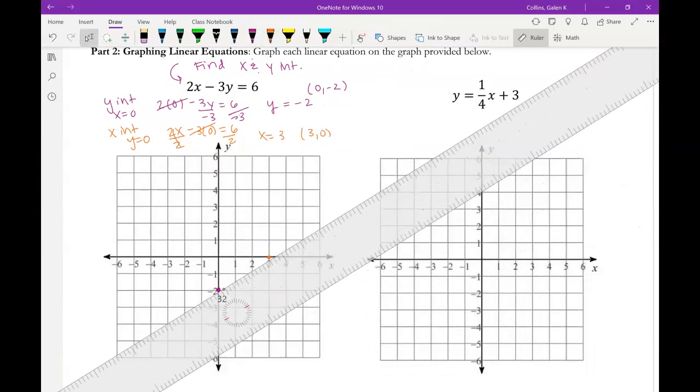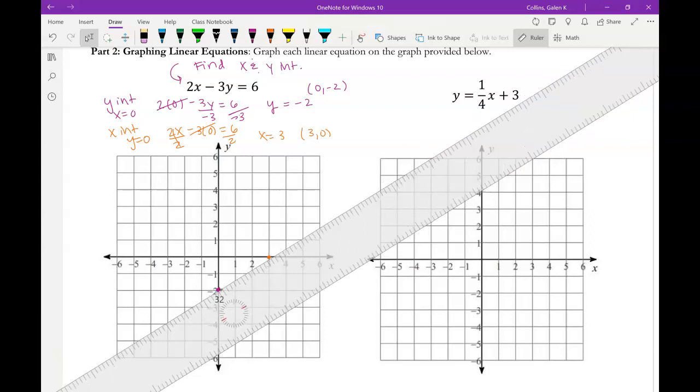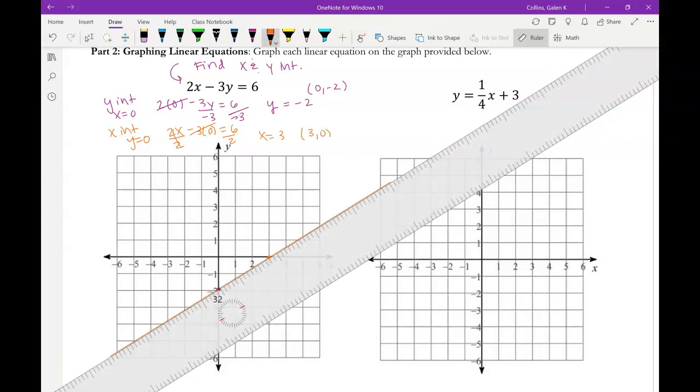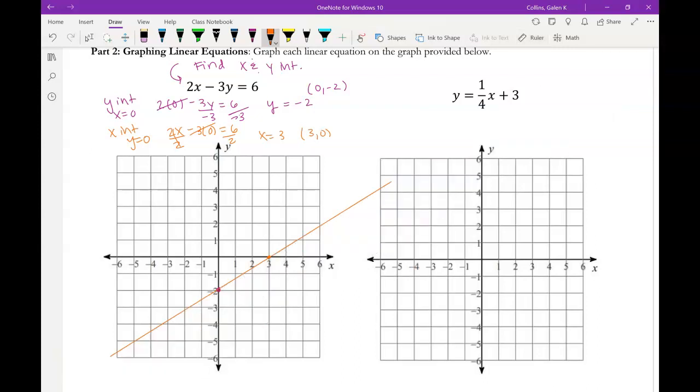So if you're ever doing this method by graphing to solve a system, I would encourage you to use a ruler. Even if I start with just 2 points, you could still check using the slope that the other points are on that line.